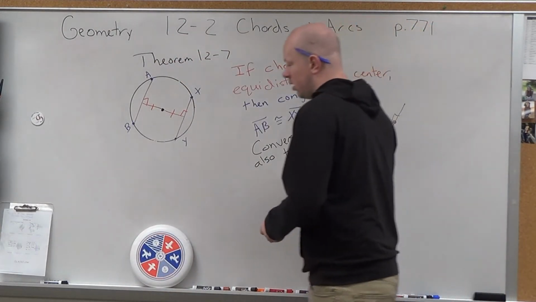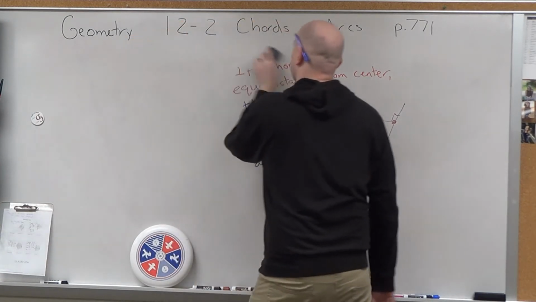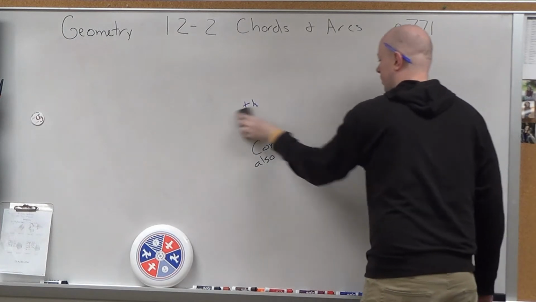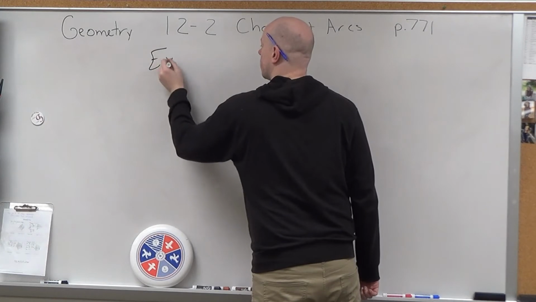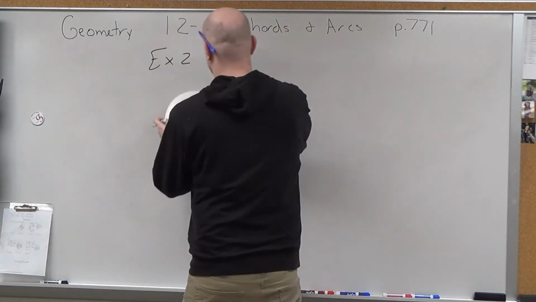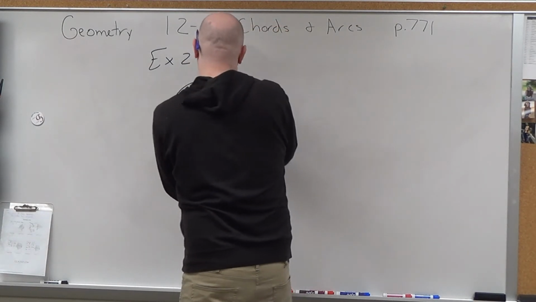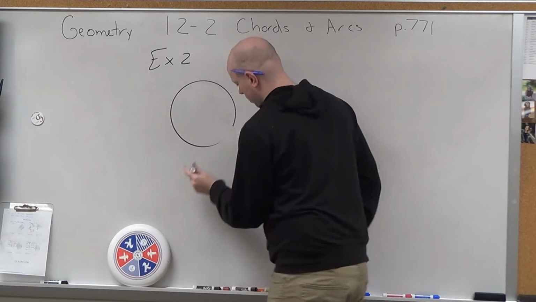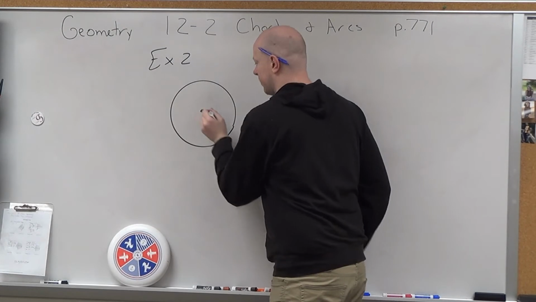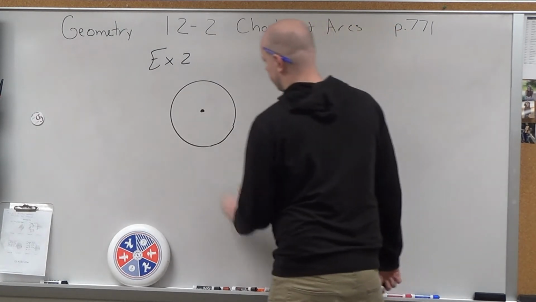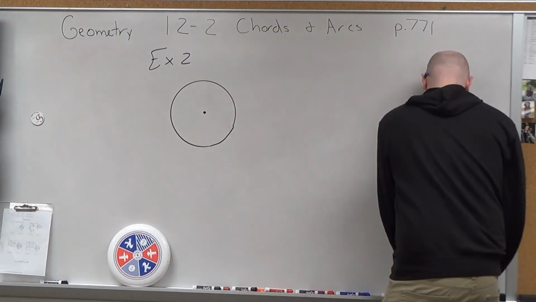So, moving on to, oh, example, I apologize. Example 2. Okay, so again, I have a circle. And I got a center. That's not very center, is it? Okay.